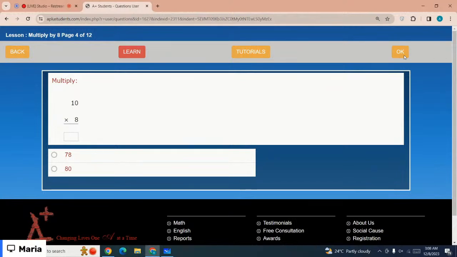The correct option is 80. 10 times 8 equals 80.